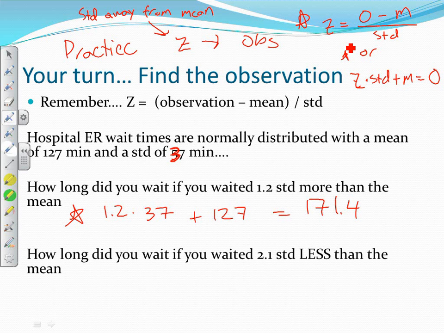That works. Good. Excellent. Make sure we understand what 2.1 standard deviations less than the mean is. We should get 49.3. Are we good?